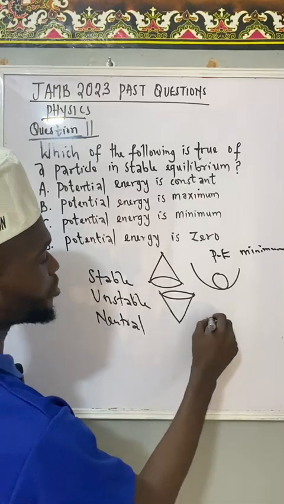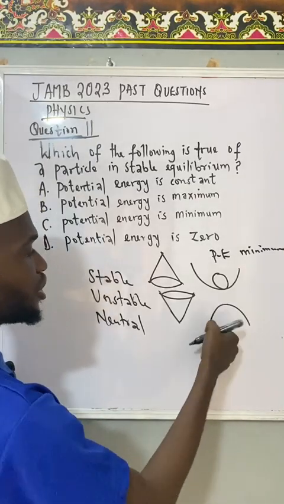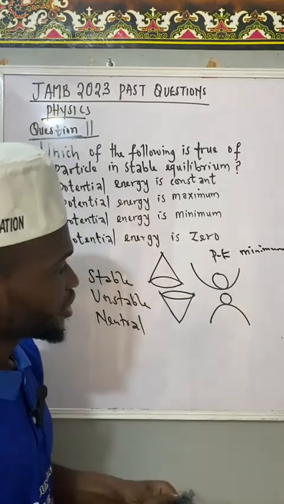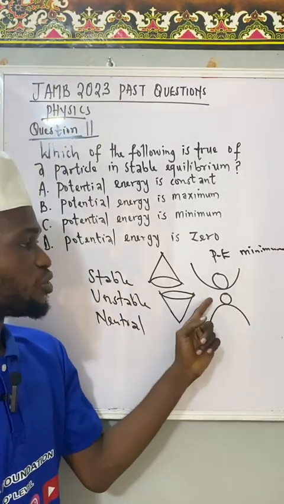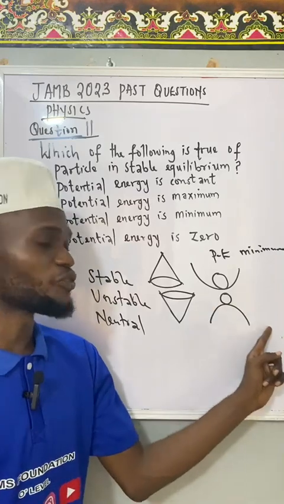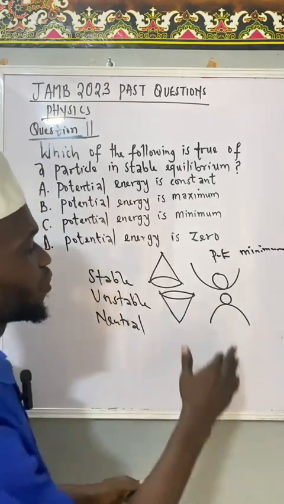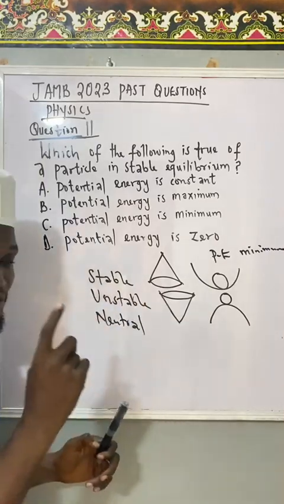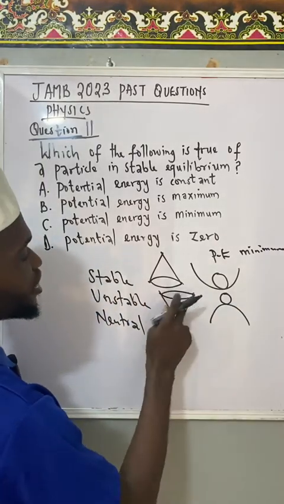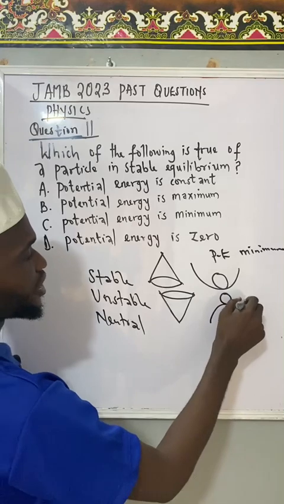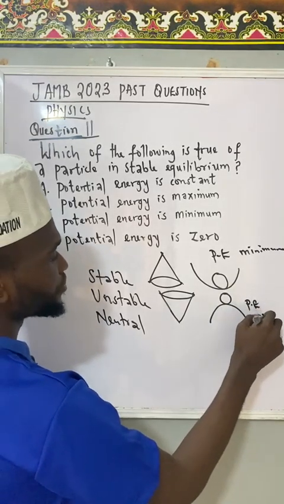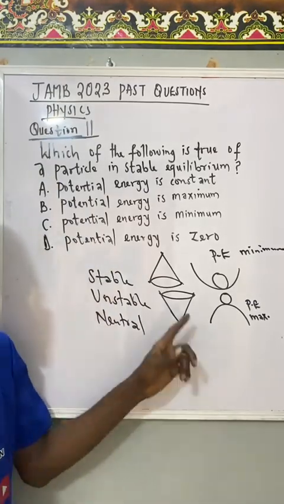Or also in the case of the ball, if the ball is inverted and placed on the top, if we slightly push the ball, it will fall further away. So in this case, we will say that the body is in unstable equilibrium. One of the properties of this is that potential energy is maximum here. The stored energy is maximum here.